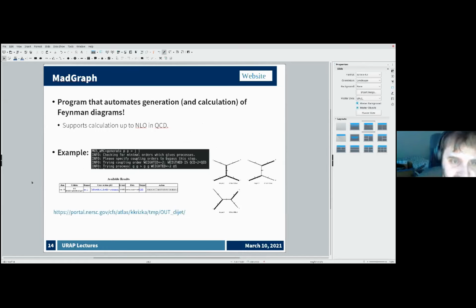I think this is the last page I want to show on Feynman diagrams, which is MadGraph. As you can imagine, Feynman diagrams are a nice framework for building up any physical process and then calculating it.